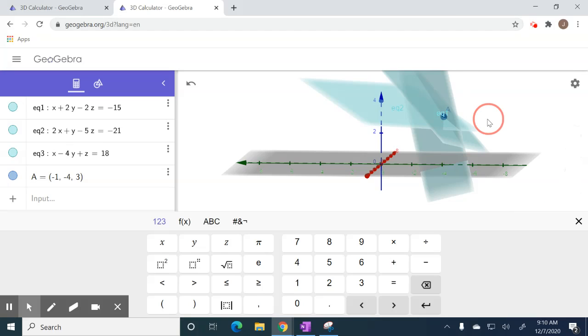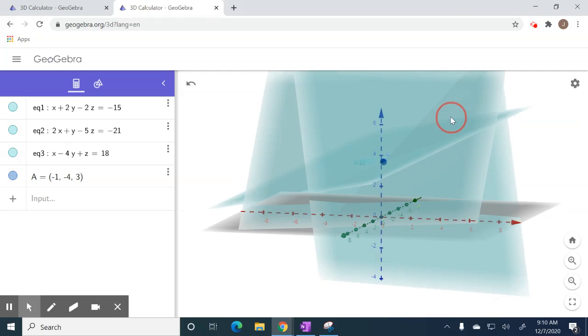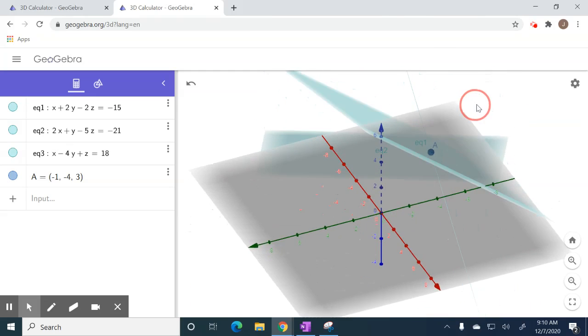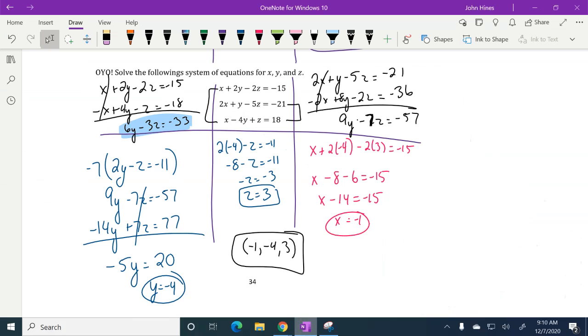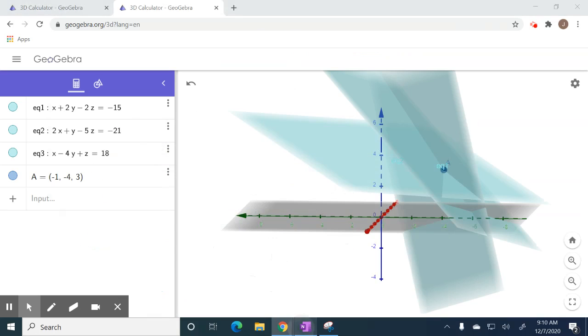There's that point A, I labeled it. It's kind of hard to see, but that's the best view right there. That point, which is the point negative 1, negative 4, 3, is where those 3 blue rectangles intersect. So we found the one point of intersection of those 3 planes.